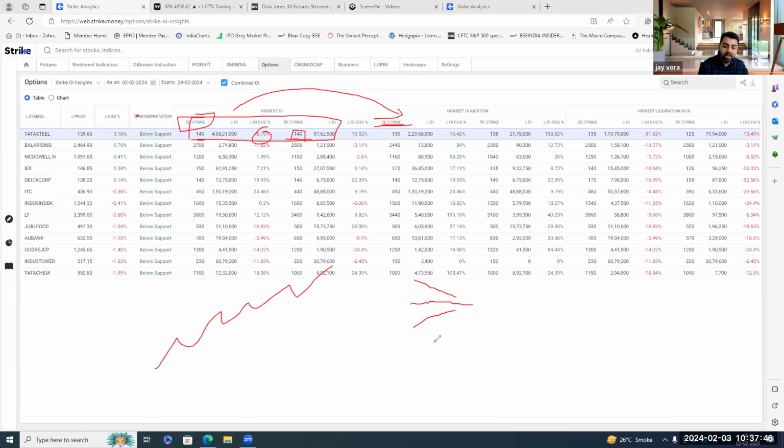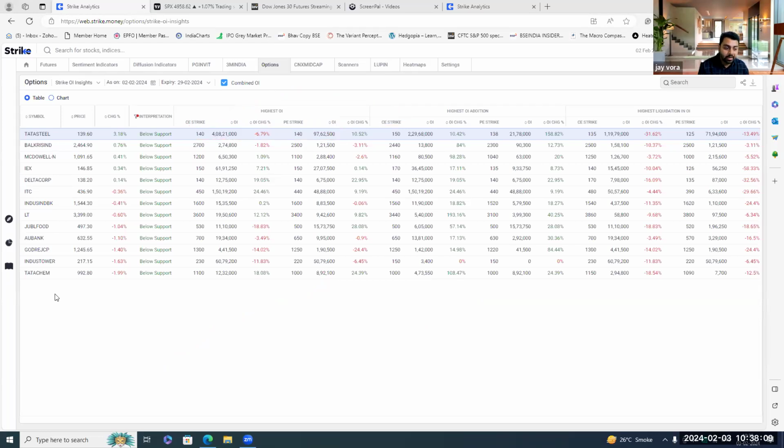That will further confirm this tightening is happening. And at any point where the call option or put option, whichever side it breaks, and the band starts expanding, that's where you can see a trending move in the days to come. So that is another way of looking at this.